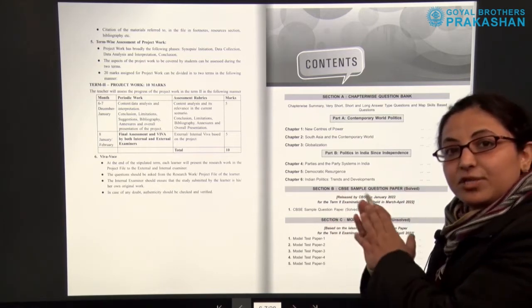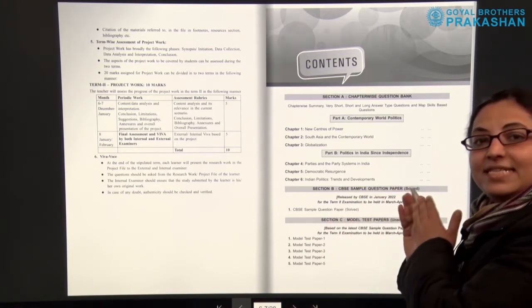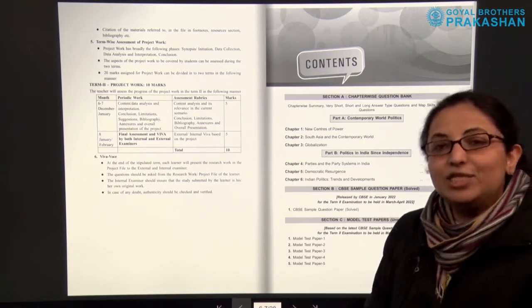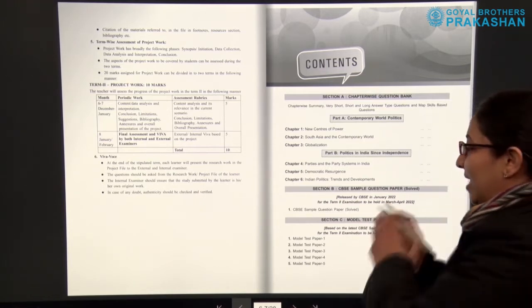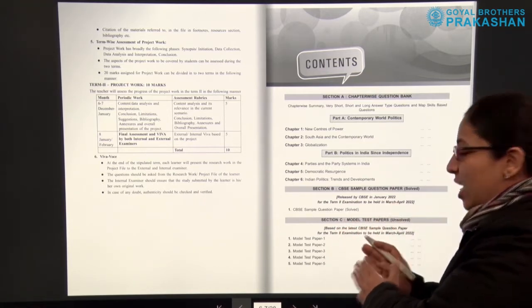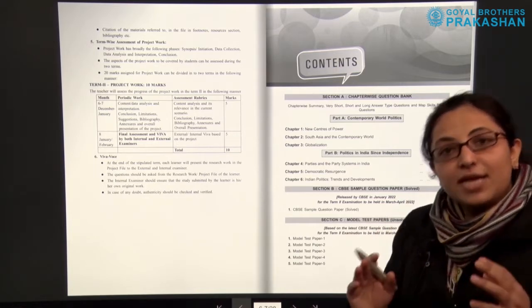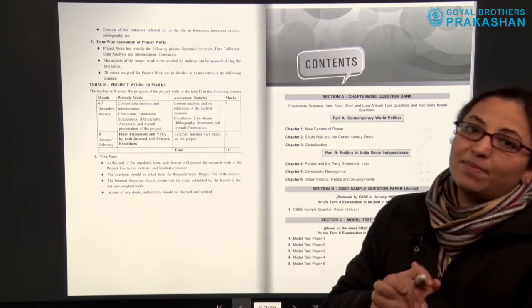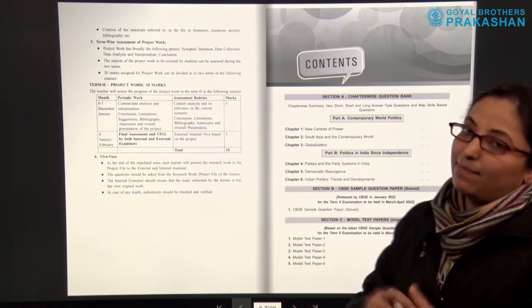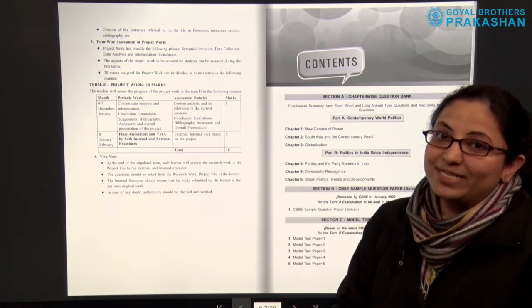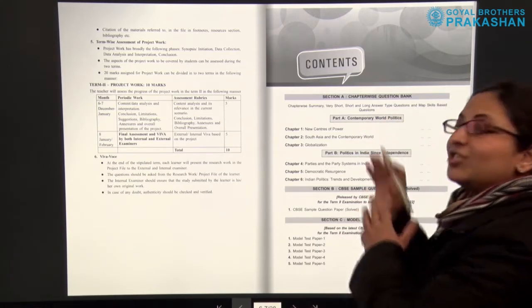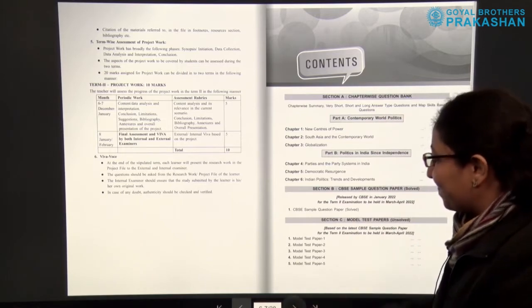After that, we have section B, which is the CBSE sample question paper released by the CBSE board. And after that, we have section C, which is the model test papers. These are unsolved model test papers based on the CBSE sample paper for the practice of the students. Now, let us see each section individually.